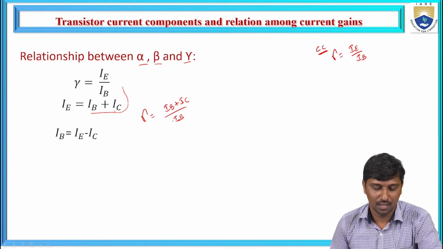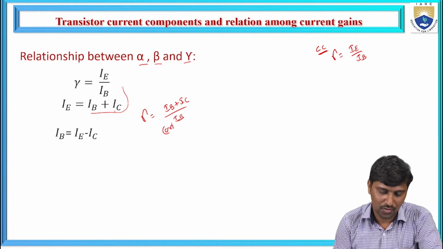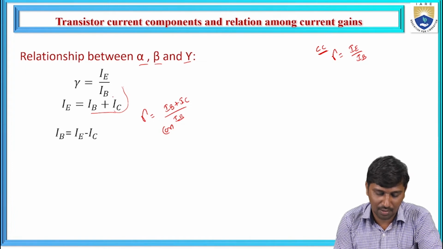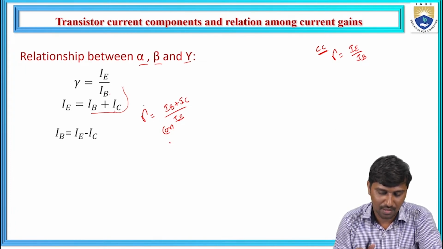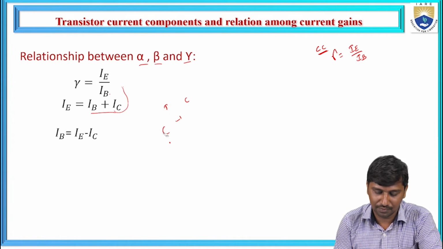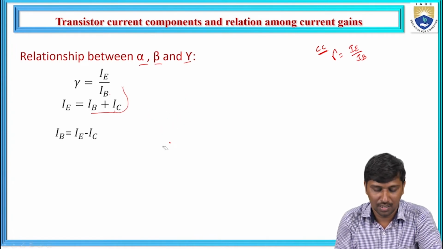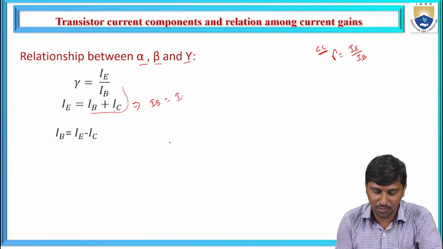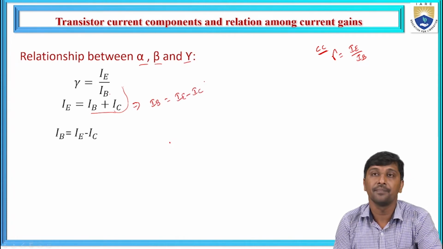Or otherwise we can substitute the IB value. From this relation, IB is equal to IE minus IC.